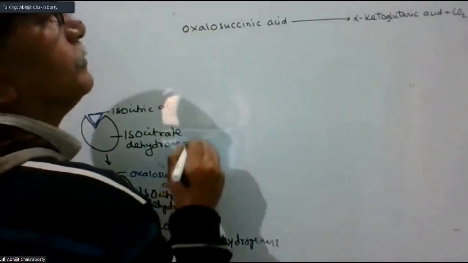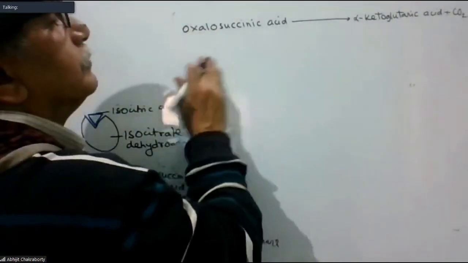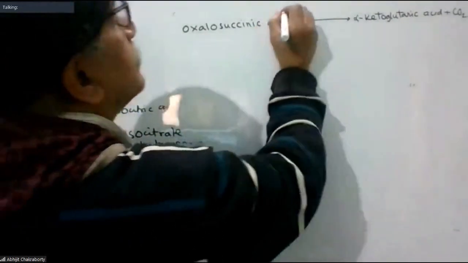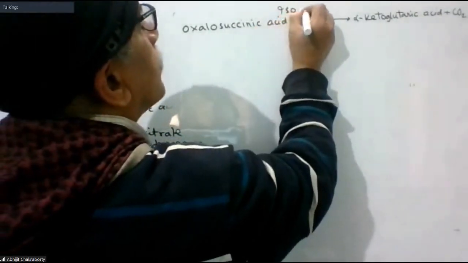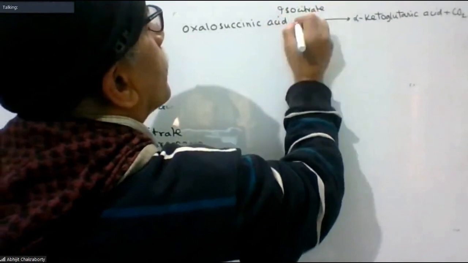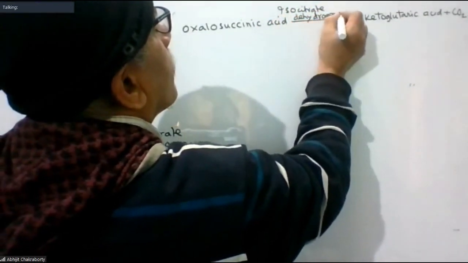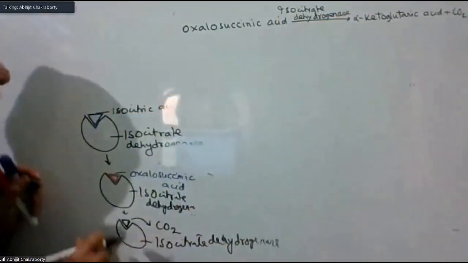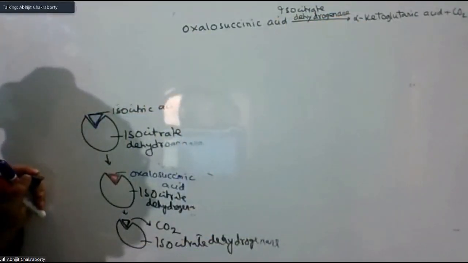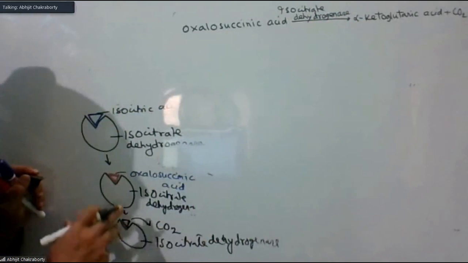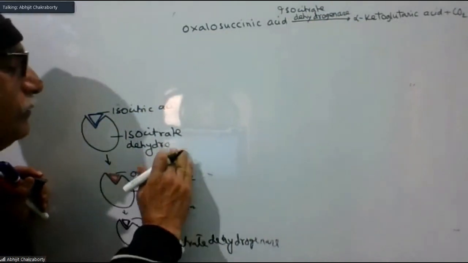First thing, then why is the same enzyme shown here? Is this diagram clear?